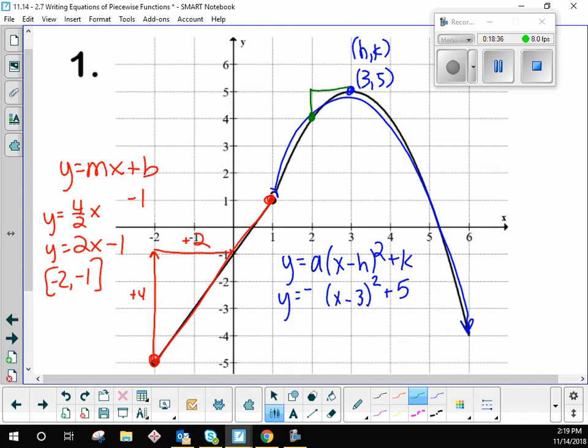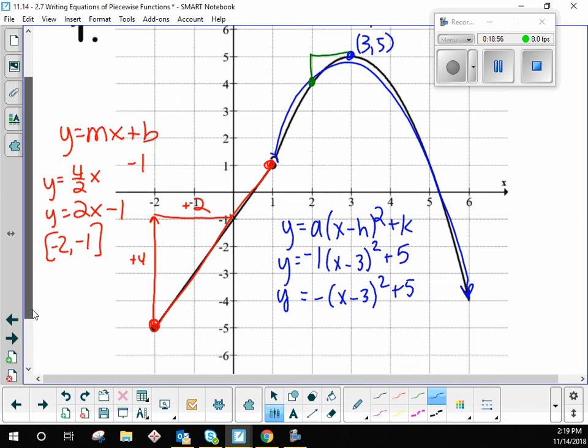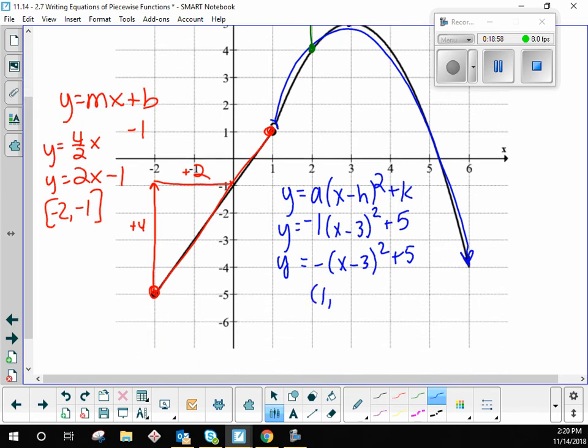It's 1, 1, just reflected. So I know that the A value didn't change at all. Okay, it's still a value of 1. So my final answer here is negative (x minus 3) squared plus 5. And the domain is from 1 excluded to infinity.